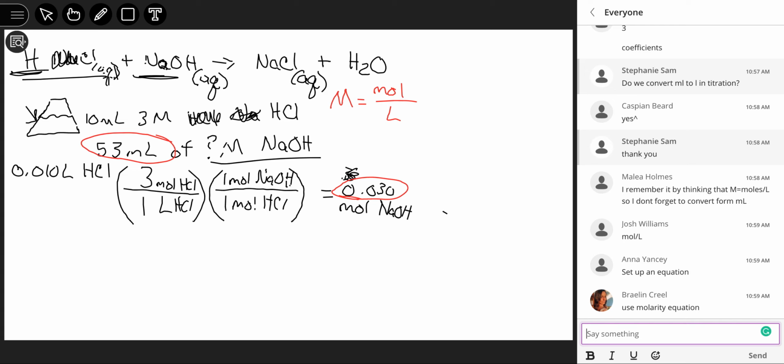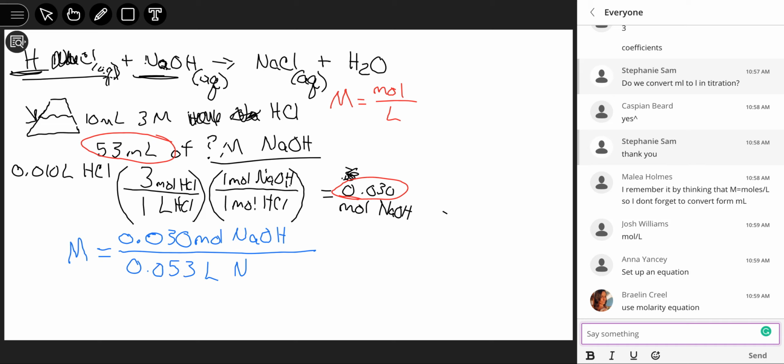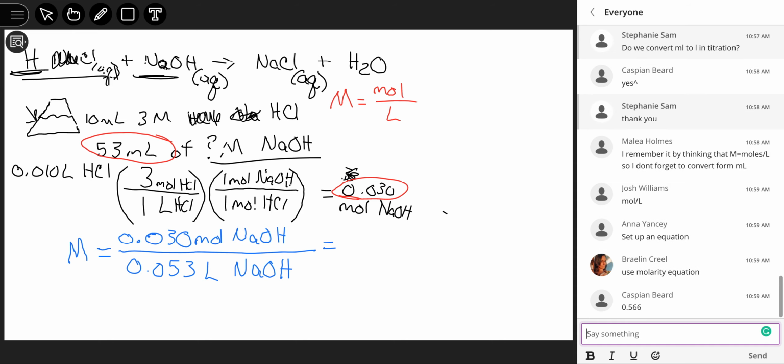Correct. All right, so our molarity is going to be equal to 0.030 moles of sodium hydroxide per 0.053 liters of sodium hydroxide. So you're going to put that in the calculator, and that will give you your molarity.